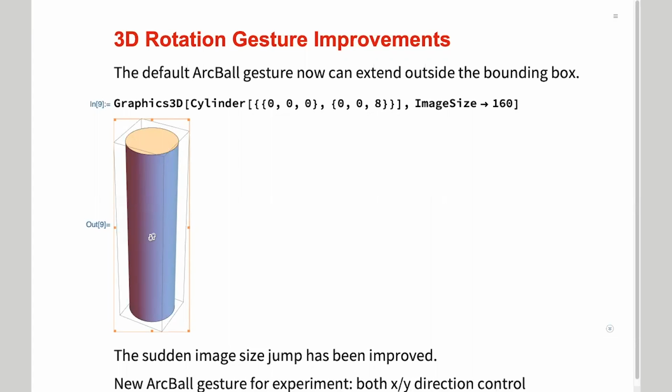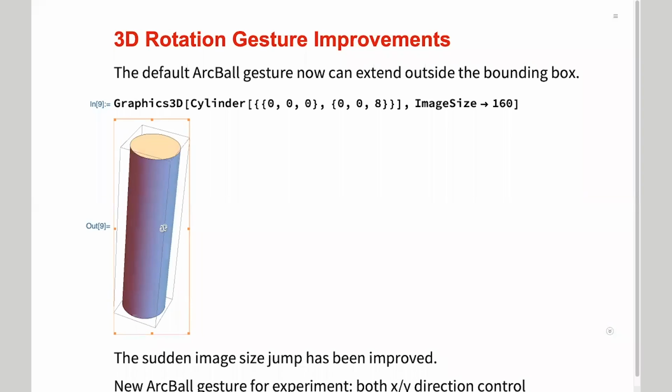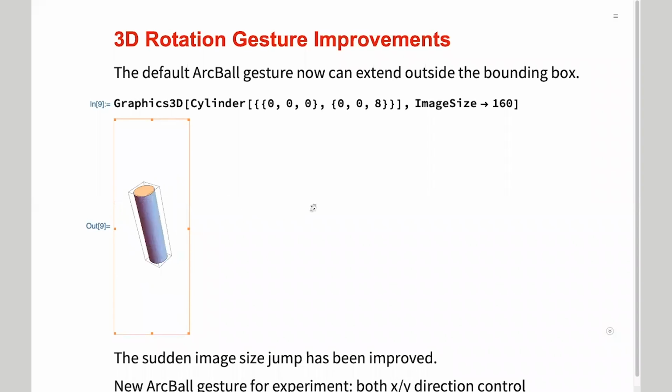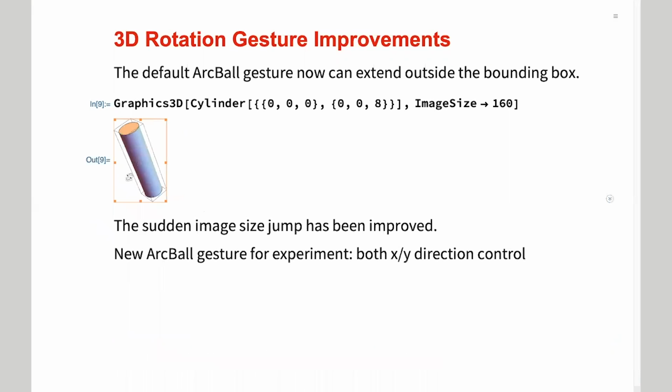If the mouse moves outside the bounding box, the rotation stops. This makes controlling a long thin object, rotating it, difficult. But now in the new version 12.2, we extended it so that it goes outside and it continues.